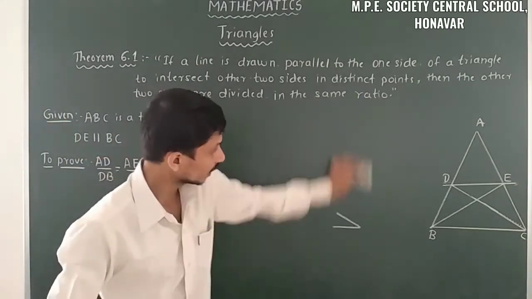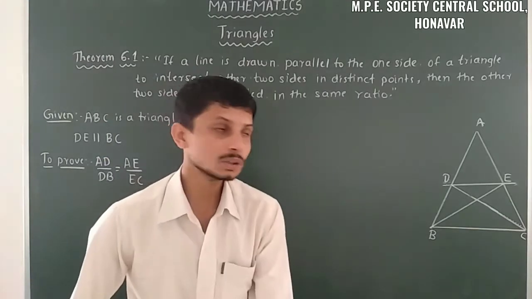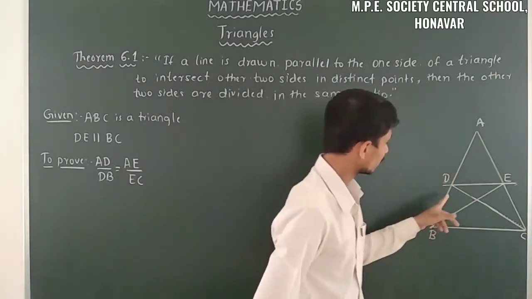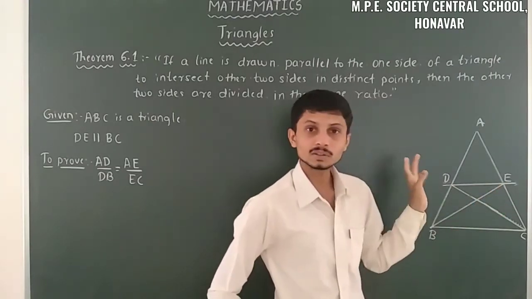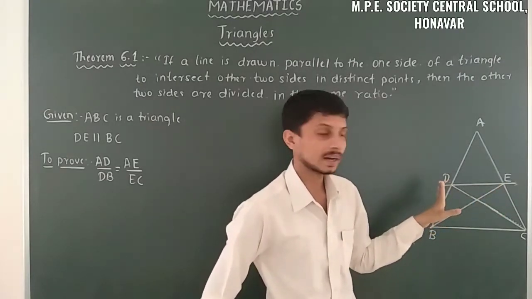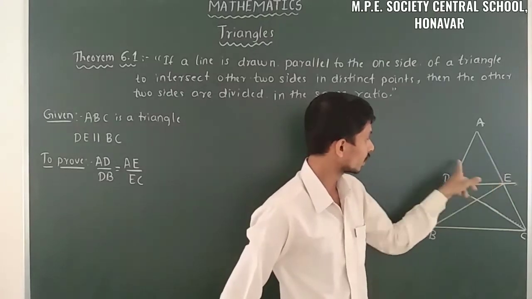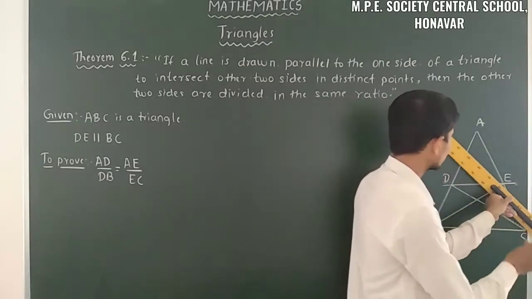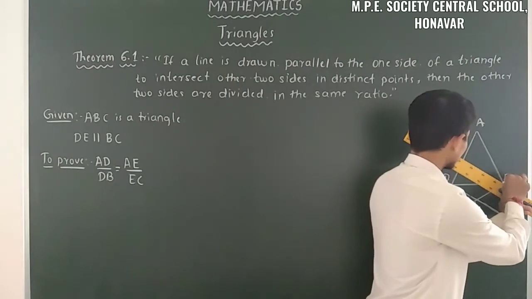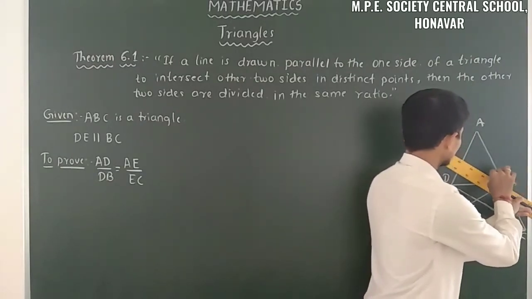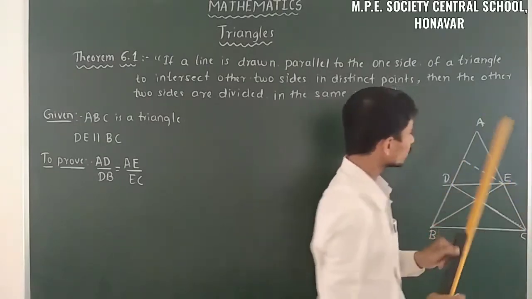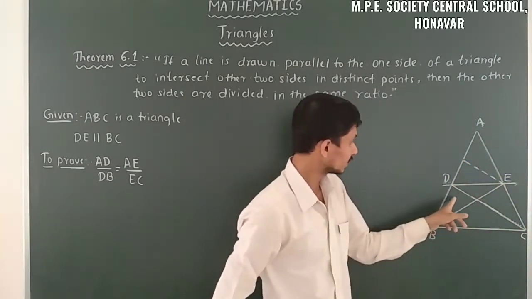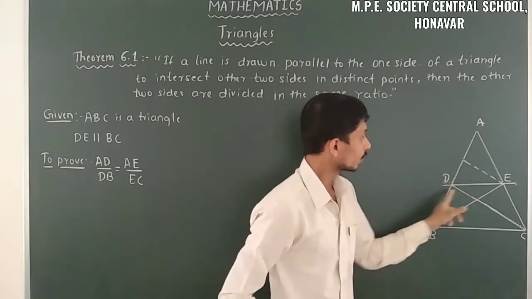Likewise, here also the same situation is there. Just observe this triangle, we have to take the perpendicular height like this. Yes, here I will take the perpendicular height. So it becomes the perpendicular height for both this triangle and this triangle.